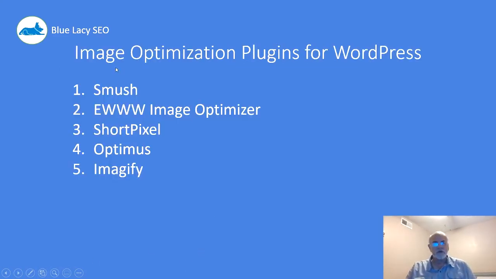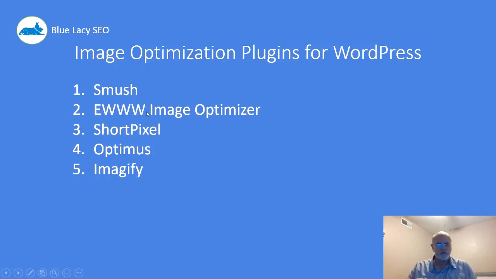Okay, there are also some image optimization plugins for WordPress that you can use. So if you have a lot of images, this is real helpful. The images that you upload to WordPress, it'll automatically start compressing those images. So here's some of the most popular ones: Smush, EWWW Image Optimizer.